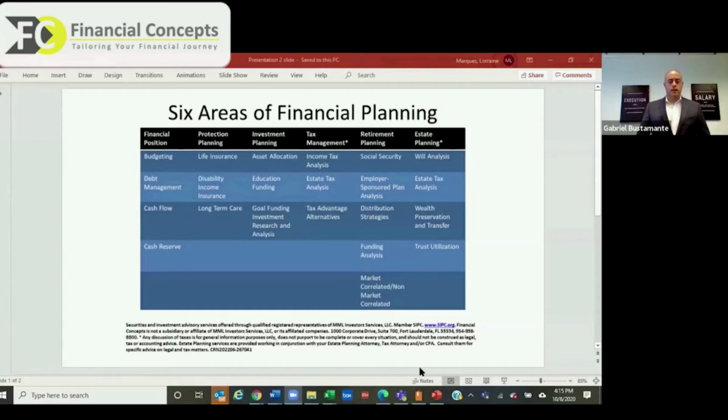Now, tax management is the next area. How would you go to explain this area? Yes, understanding the 3 different options that you have as far as taxable vehicle is concerned, it's important. You have your tax deferred vehicles like your traditional 401k and traditional IRAs that you're able to put before tax dollars into those vehicles, and you pay taxes as you take the money out in your retirement phase.